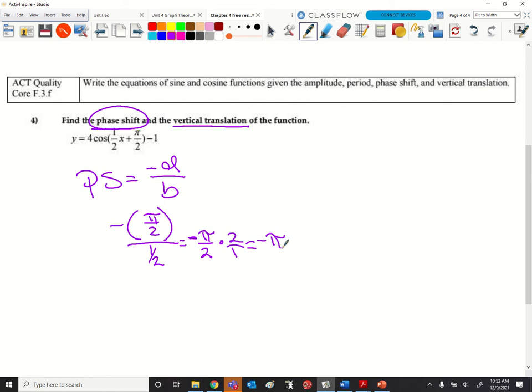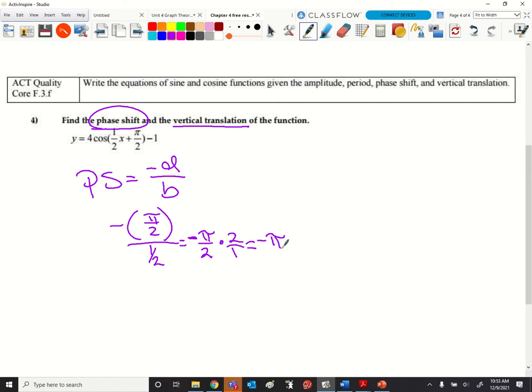Vertical translation or vertical shift. So take a guess at it. What does the 4 represent? Amplitude. Okay. What does the 1/2 represent? B. What does the pi over 2 represent? What does that go with? That's your phase shift. Yeah, that goes with the phase shift, right? That's part of your d. Okay. And so, what's the other thing? Negative 1.